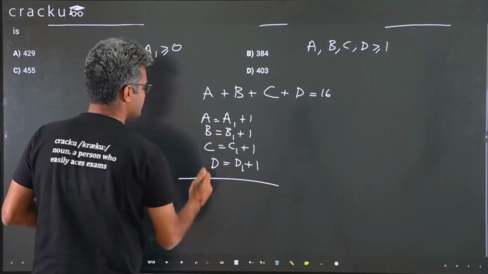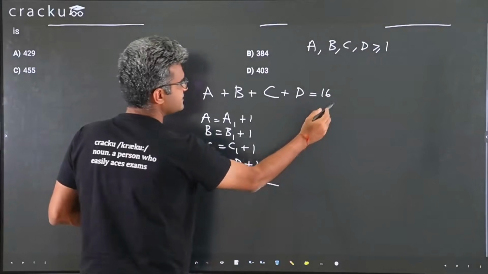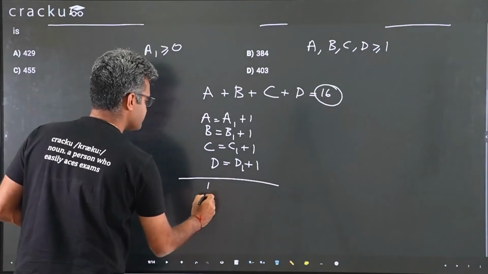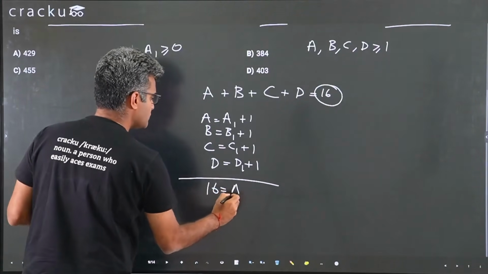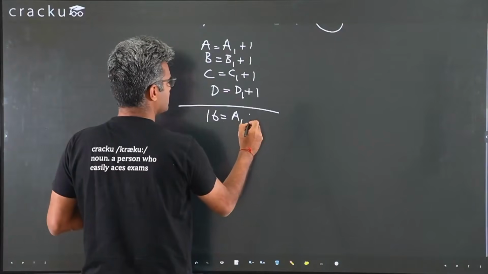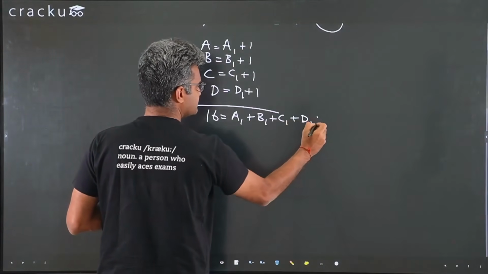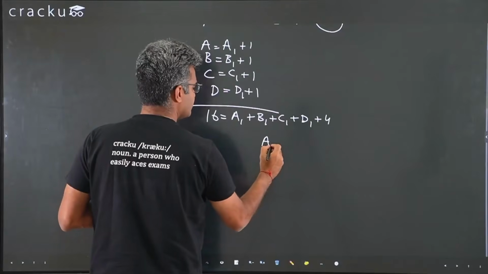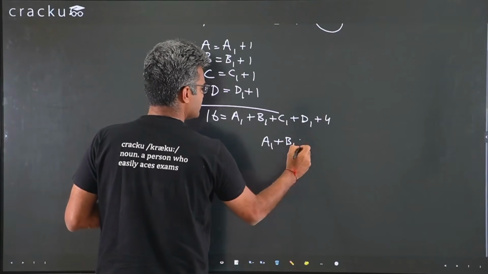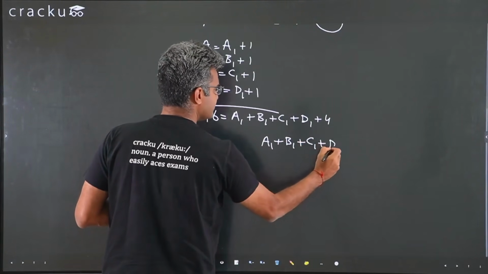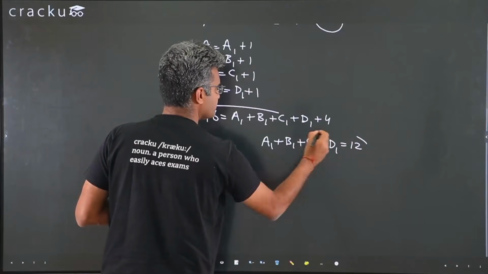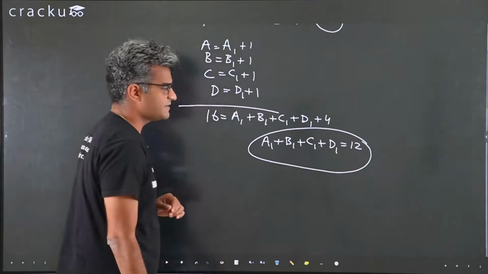So the sum of all of them A plus B plus C plus D, which is equal to 16, is equal to A1 plus B1 plus C1 plus D1 plus 4, or the value of A1 plus B1 plus C1 plus D1 is equal to 12. How many solutions does this have?